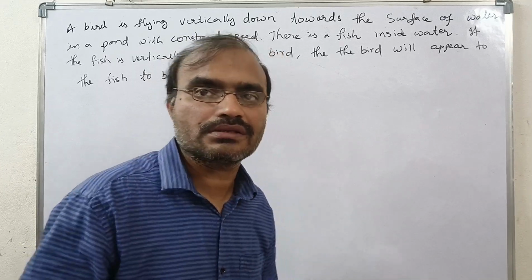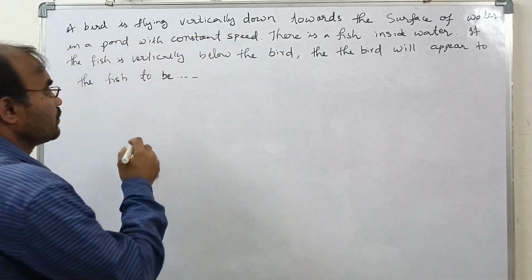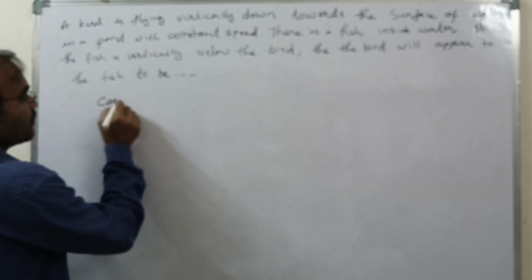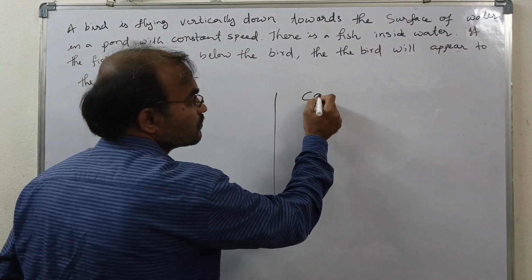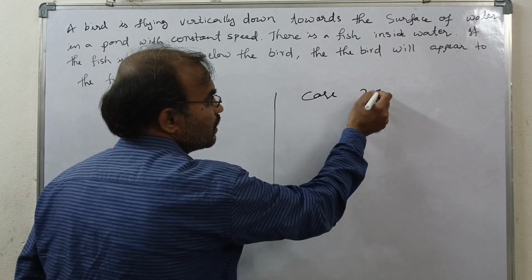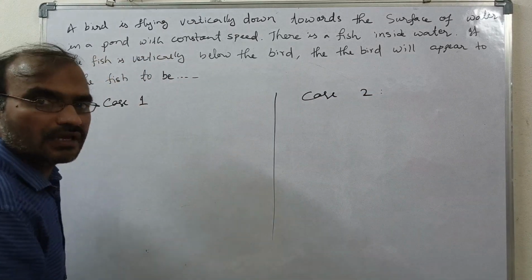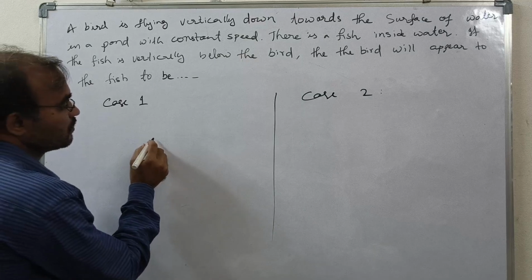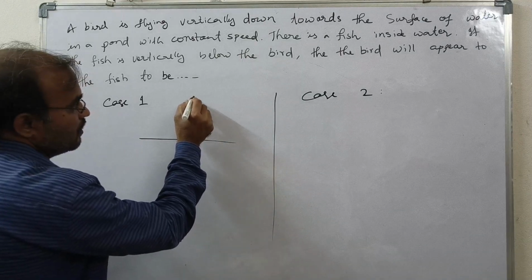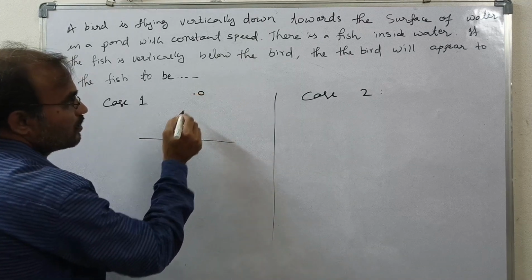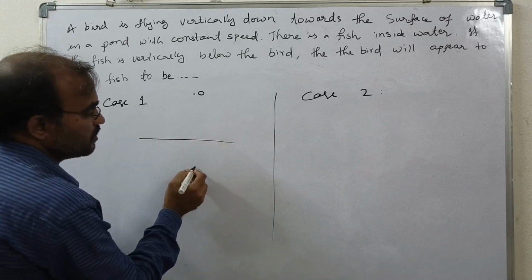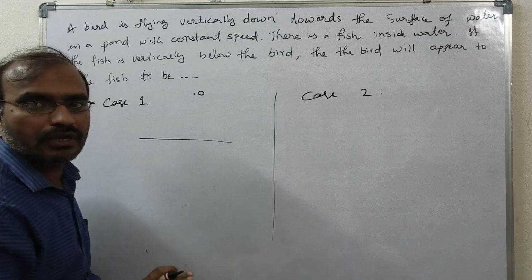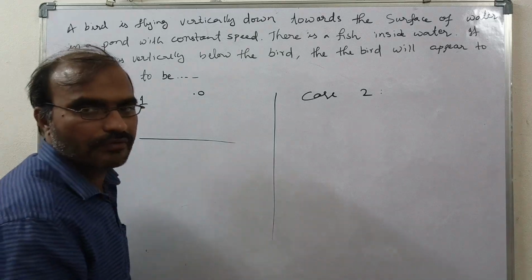Let us take two cases. Case 1 is there is an object in the rarer medium that is observed from the denser medium. I am not writing from where it is observed.